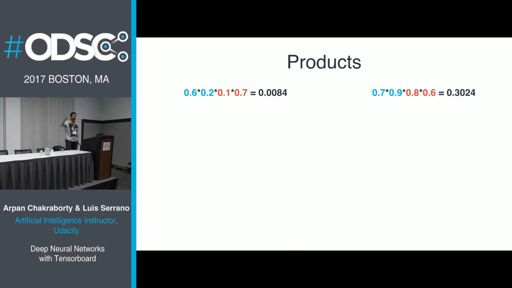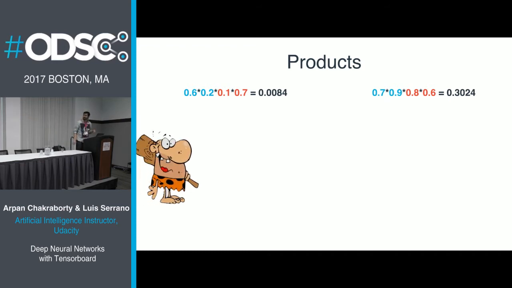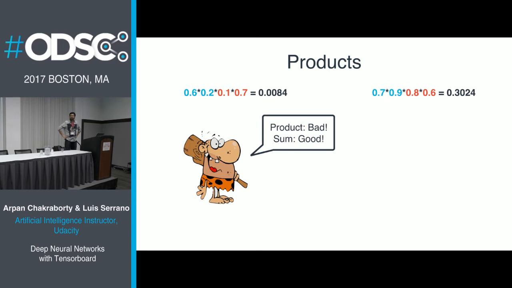Like 0.0000, right? It would be tiny, and not only tiny, but volatile, because if you take one of the factors and change it, the whole thing changes like crazy. So products, not good. What's good? Sums are good, right? So why don't we turn these products into sums in order to use them properly?